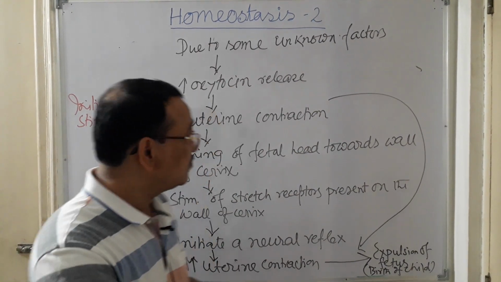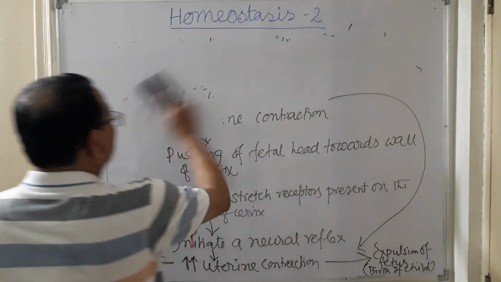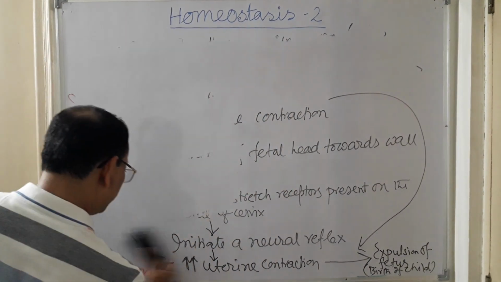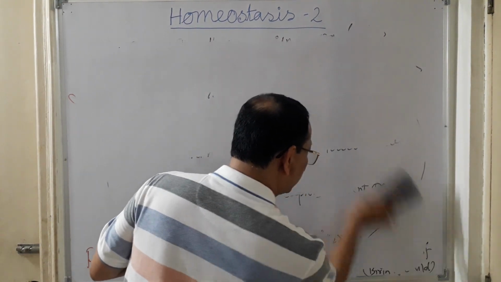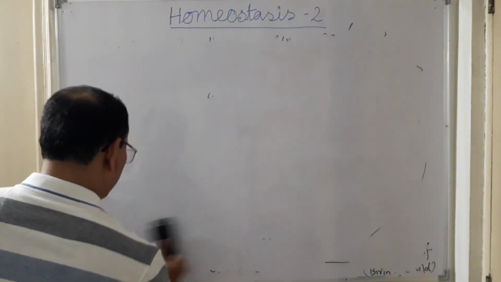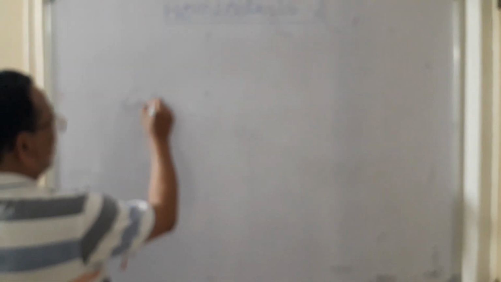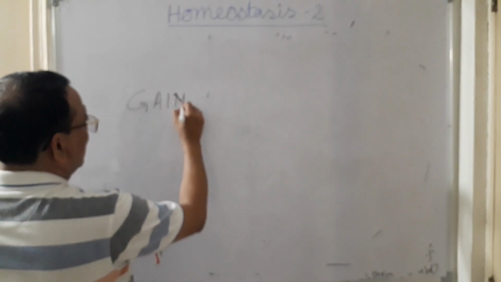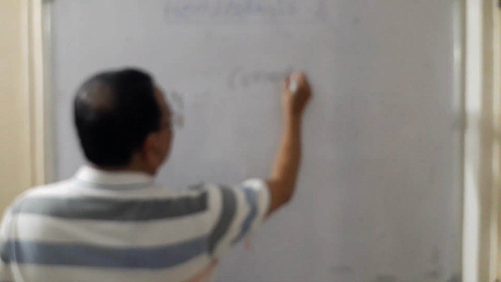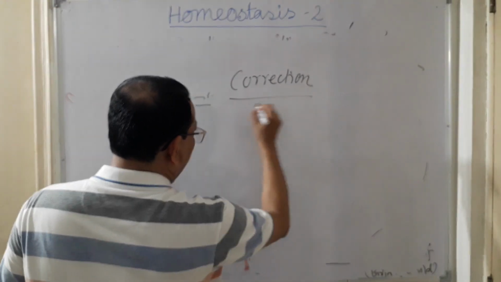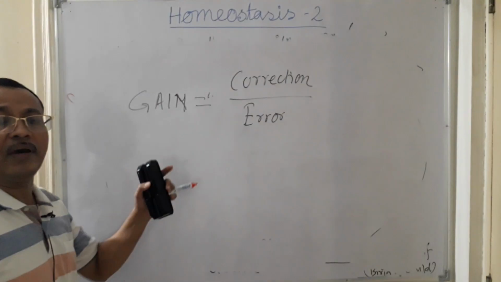So what is gain? Gain is the correction divided by the error.